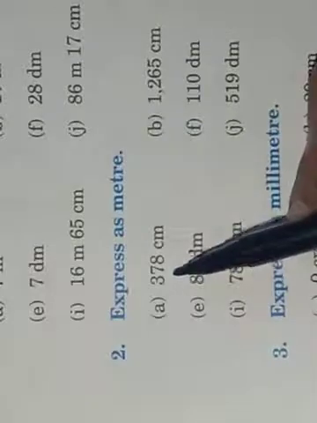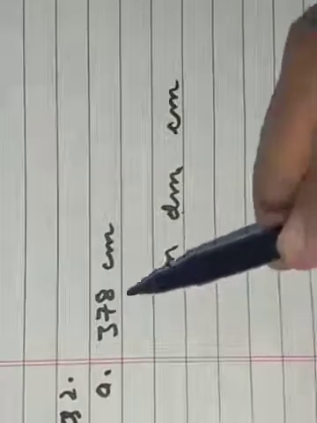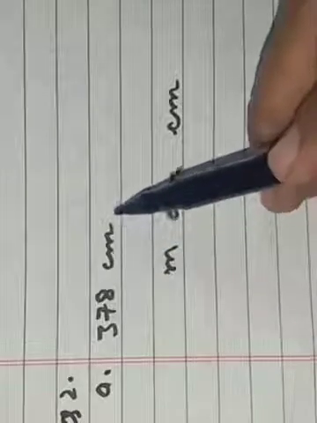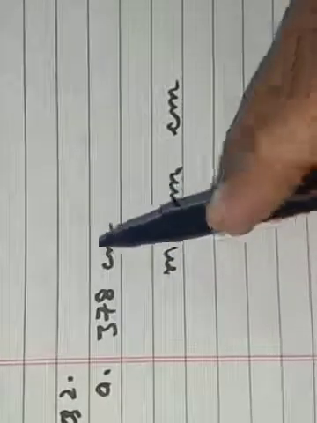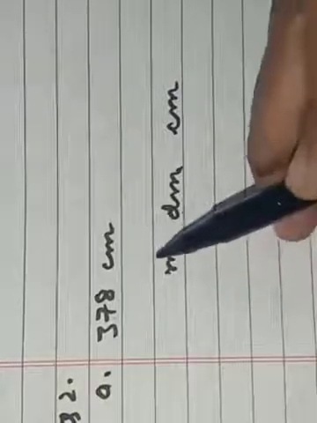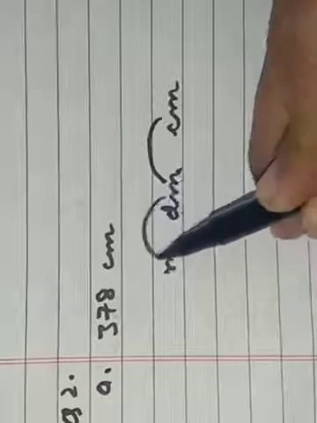Question number 2, express as meter. A. 378 centimeter. Question number 2a, we have to convert 378 centimeter to meter. Okay. So here we have to convert lower unit to higher unit. So first of all, count the places to the left of cm up to meter. That is 1 and 2 places.